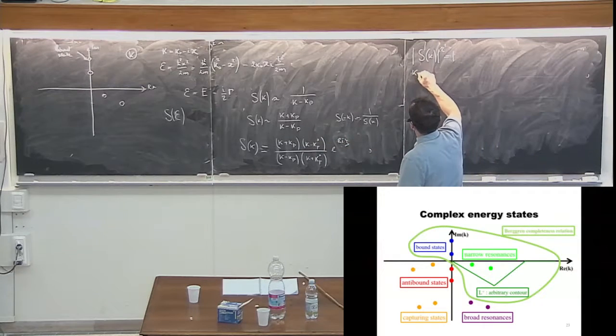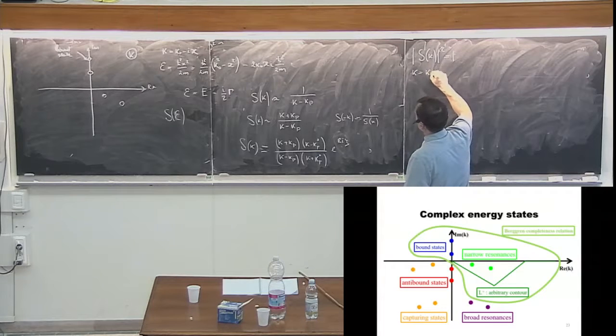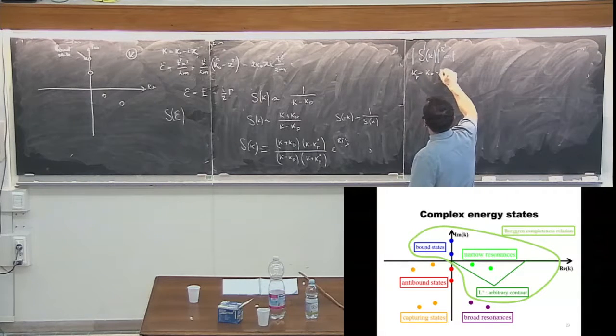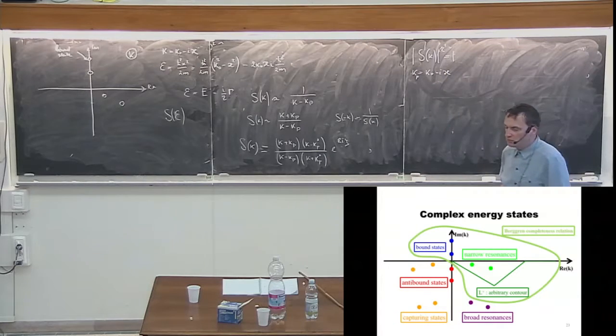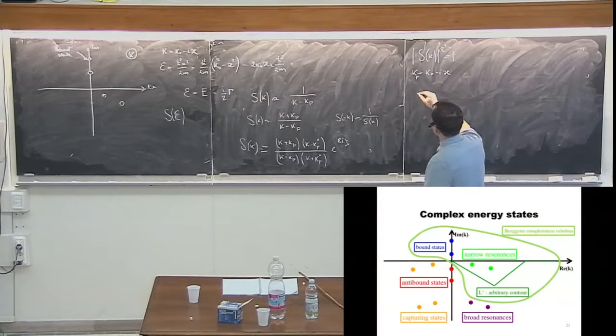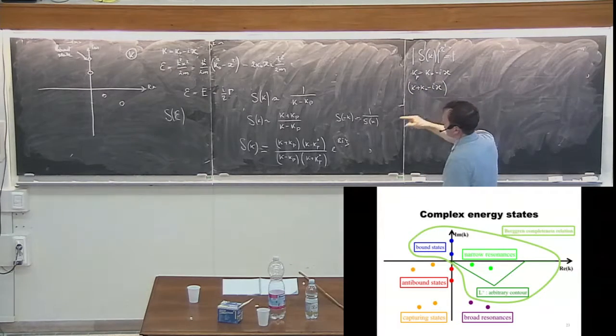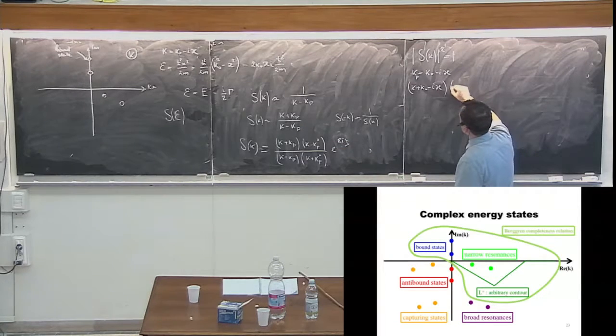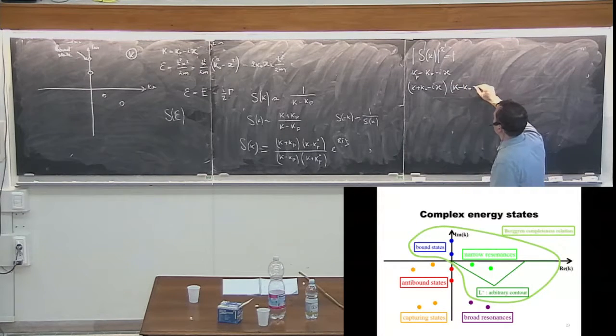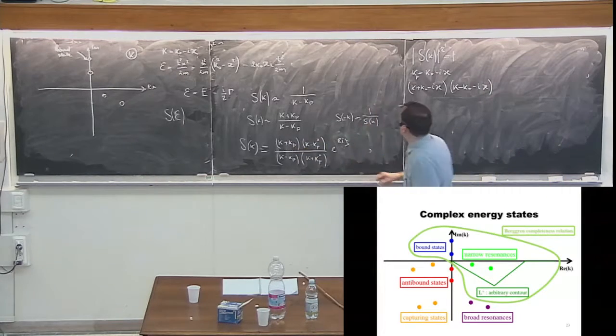So as I said, the k pole must be some k naught minus i kappa. So if I write the numerator, in the numerator I have k plus k naught minus i kappa, multiplied by k minus k naught, and then minus i kappa again, right? So this is just the numerator.